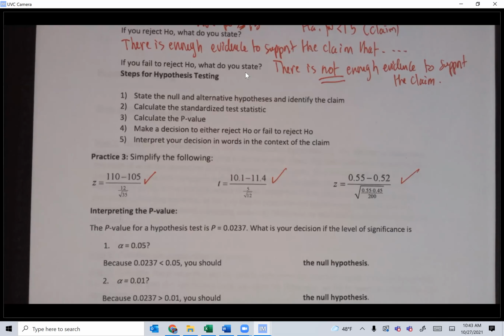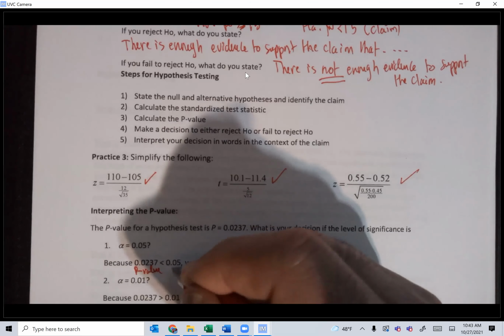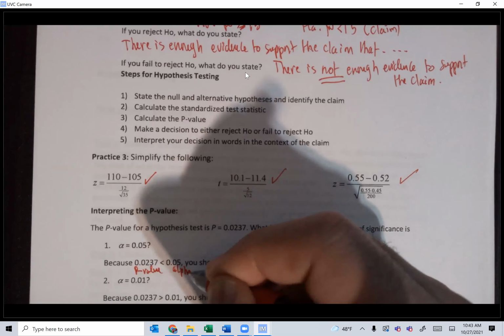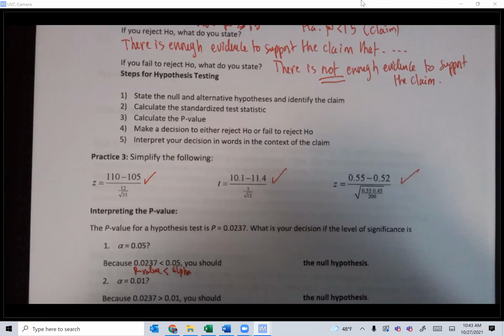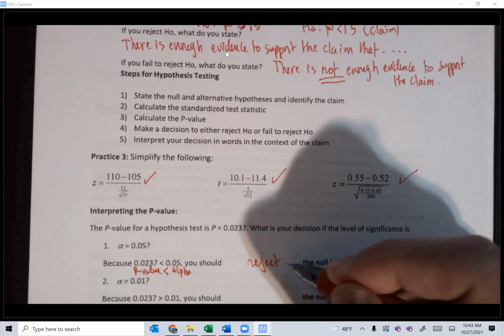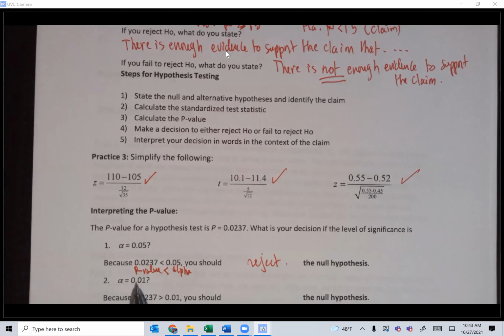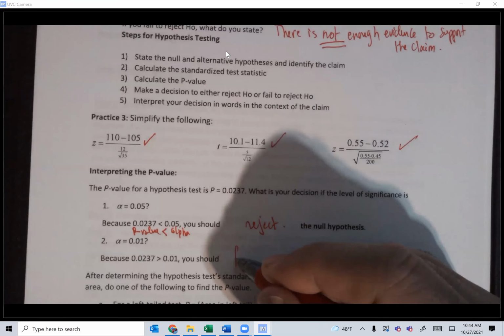So the p-value is less than alpha. This is the p-value, and this is alpha. Reject, exactly. Reject H0. Now let's change alpha. Look what happens when we change alpha to 0.01, guys. That level of significance is very important. Now the p-value becomes more than 0.01. So if alpha is 0.01, you should fail to reject the null hypothesis.